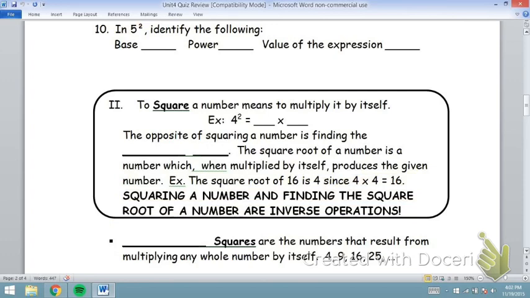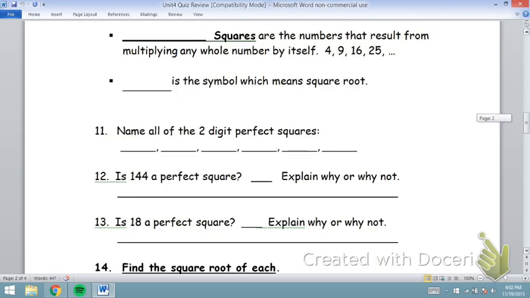Alright. So moving down these keywords here. Perfect squares are the numbers that result from multiplying any whole number by itself.